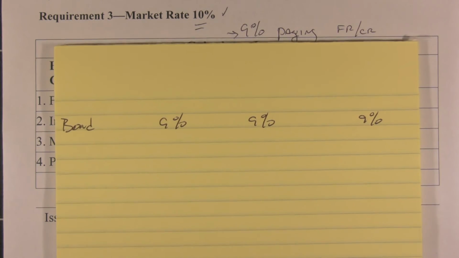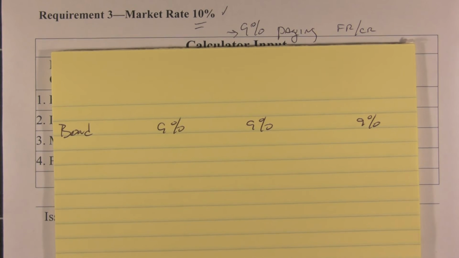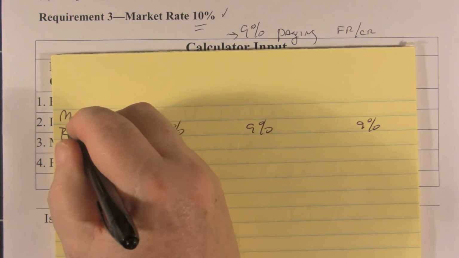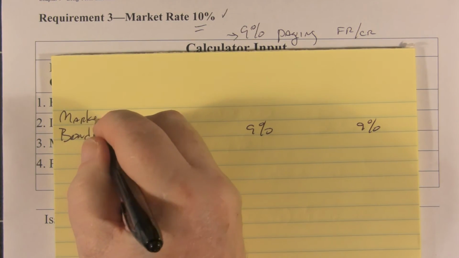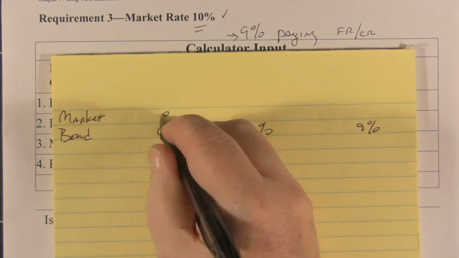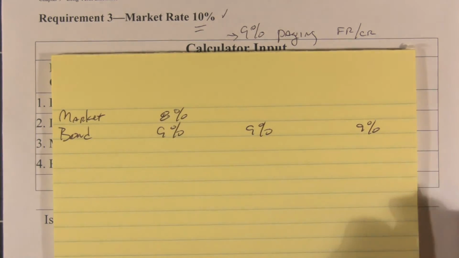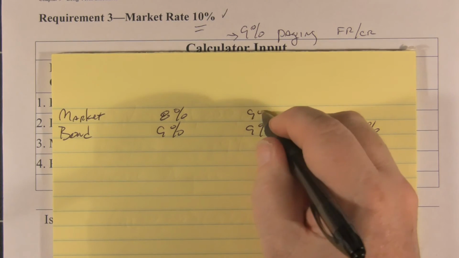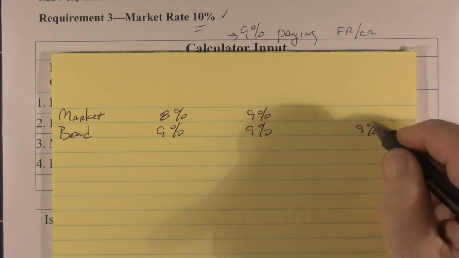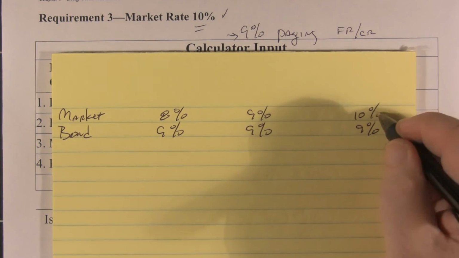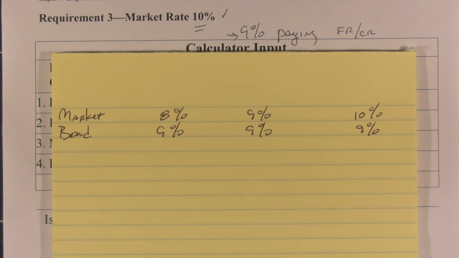The market rate was either 8%, 9%, or 10%.